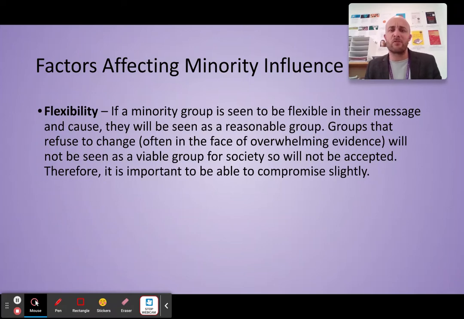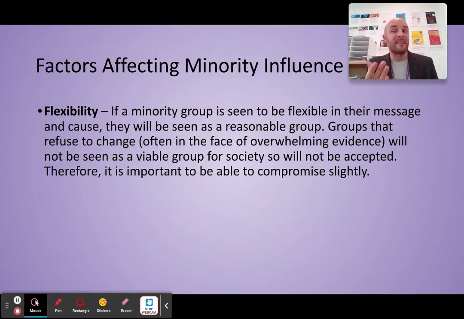You're not going to be taken seriously. You're not going to be given the time of day. You're not going to be listened to. So flexibility is quite important. You need to be able to show consistency, but also a willingness to listen to the established majority, and be able to possibly compromise and meet halfway.